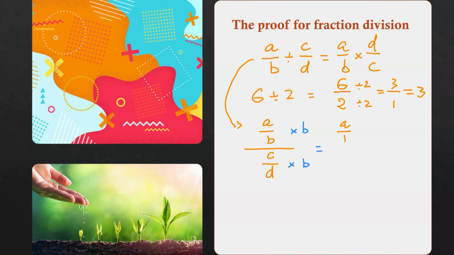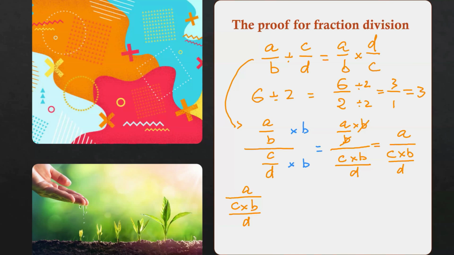Now, that is going to give you a over b times b over c over d times b. Now, you can cancel out the b at the top. And from that, you will get just a over c over d times b, and the next step is to cancel the d. So we'll rewrite it. We've got a over c times b over d.